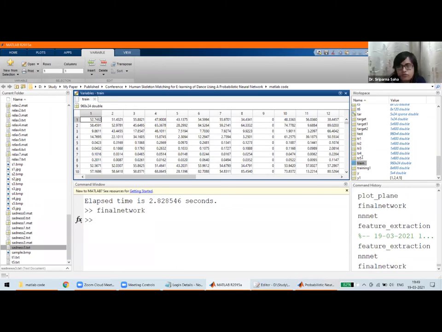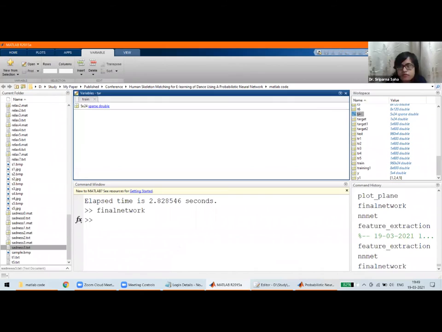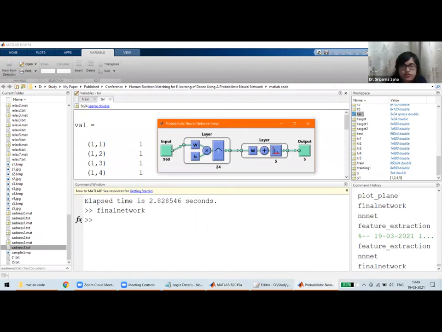This is the tar data, and the target is there. So different variables are created for this PNN architecture. And this is the timing complexity we have calculated, that is, the elapsed time. So these are the scenarios. If you go over here, how the time is being calculated is given here.